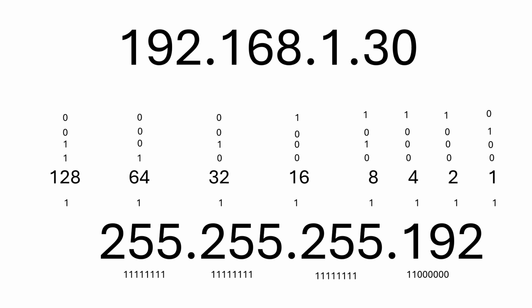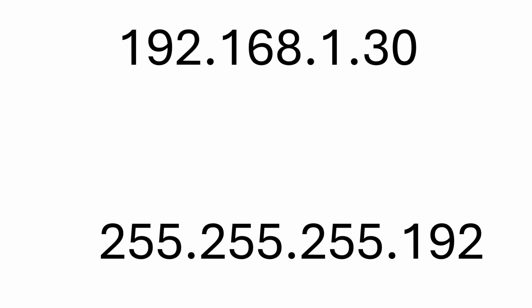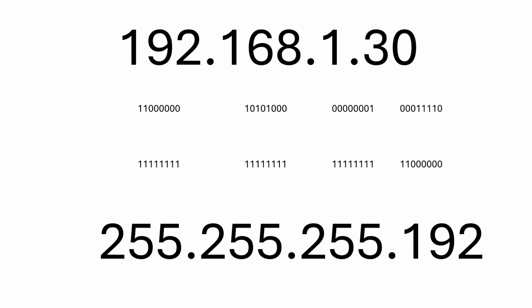Now that we already have the binary values, let us place the binary values for the subnet mask and IP address side by side and compare these. Let us look at the binary value of the subnet mask and draw a line after the last one from left to right.